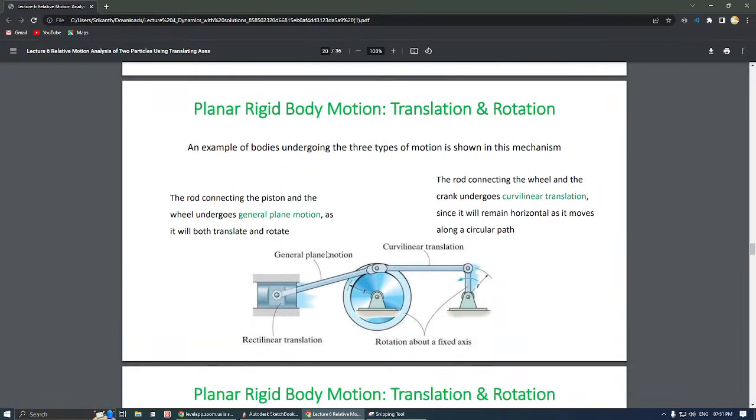Okay. Then we have shown a mechanism here. The rod is undergoing general plane motion, right? Yes, rotation and movement both are happening. That is general motion. Whereas what about this slider?